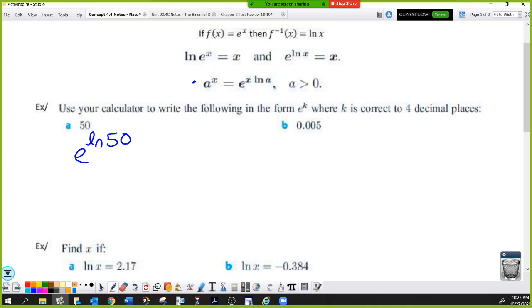And then what we would do is grab a handy-dandy calculator, and ask it, what is the ln of 50? And it'll tell you 3.912. So e raised to the 3.912 is pretty close to 50.